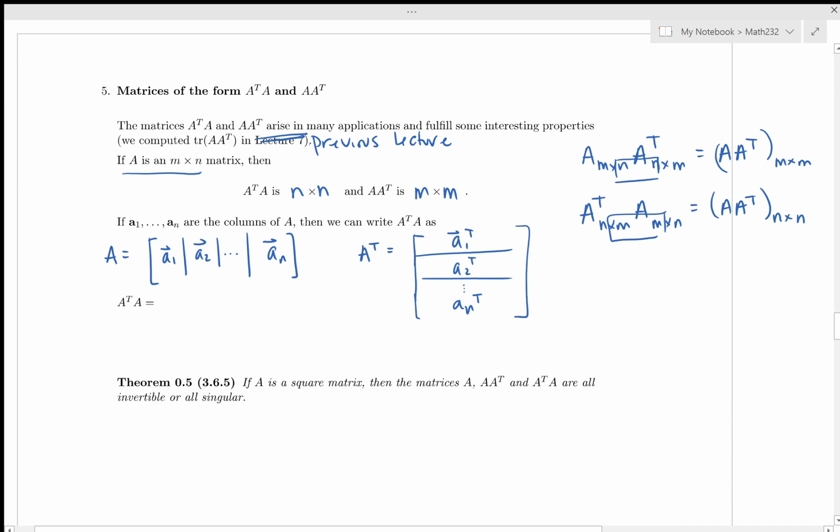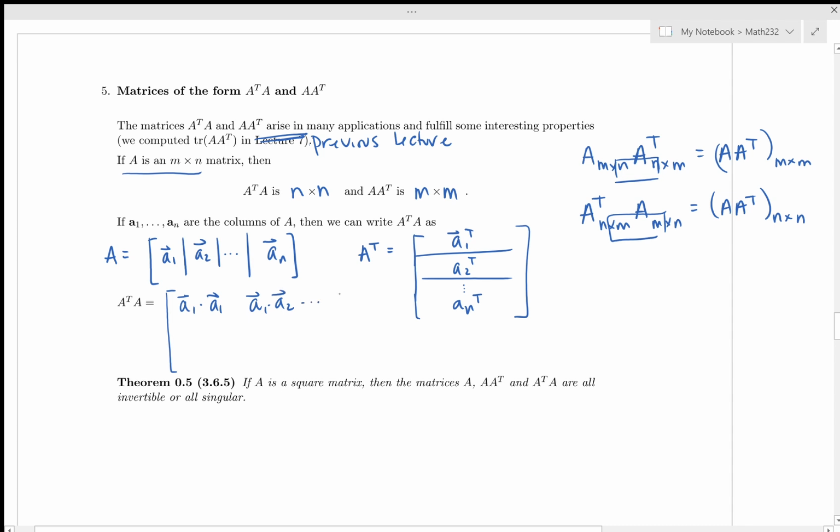Now I'm going to consider what happens when I multiply those two things together. I take the first row of A transpose into the first column of A. If you need to, you can concoct an example for yourself, but hopefully you can see that this looks like this. The first entry is the dot product of A1 with itself, and then the next one will be A1 dot A2.